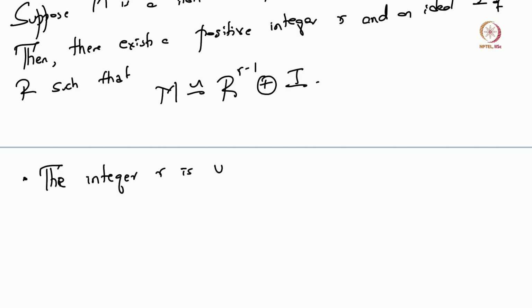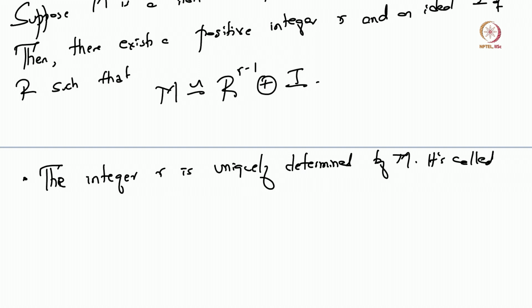This integer r is uniquely determined by M. It's called the rank of M.